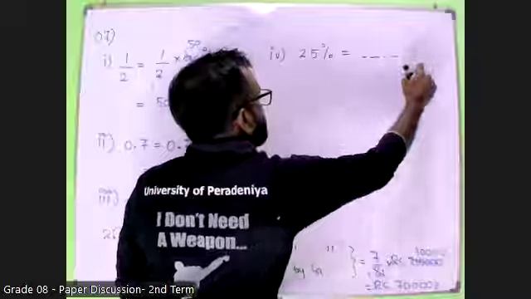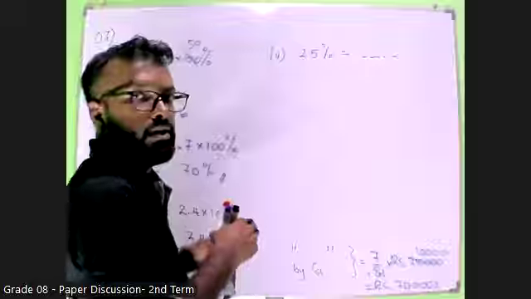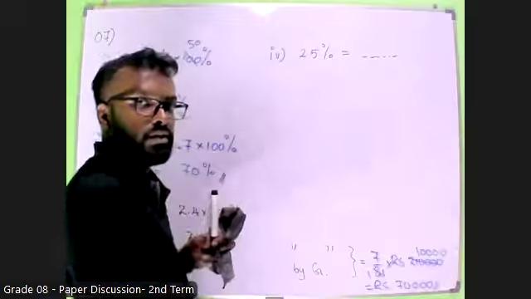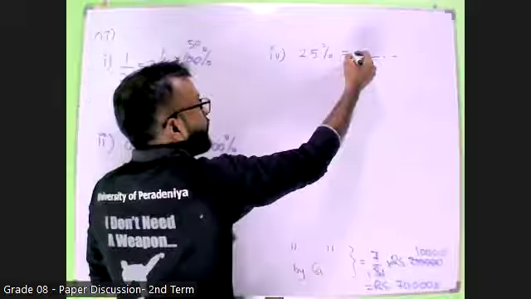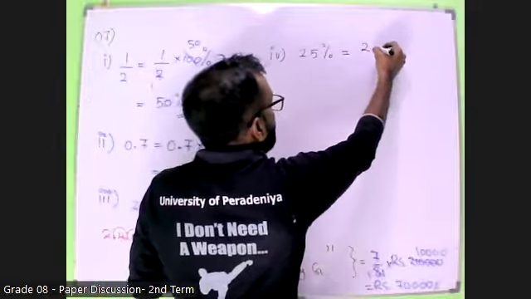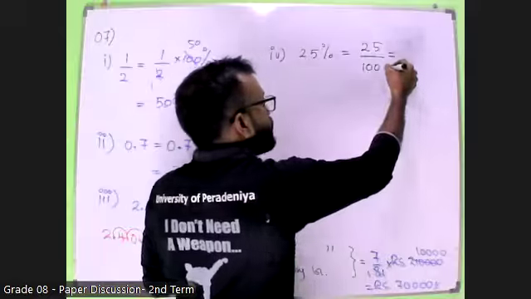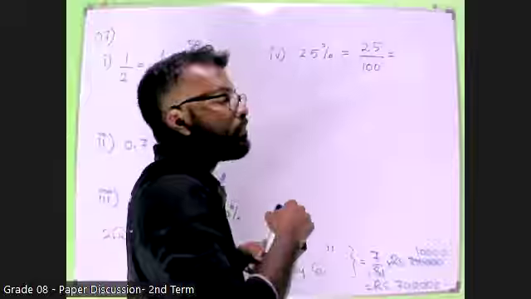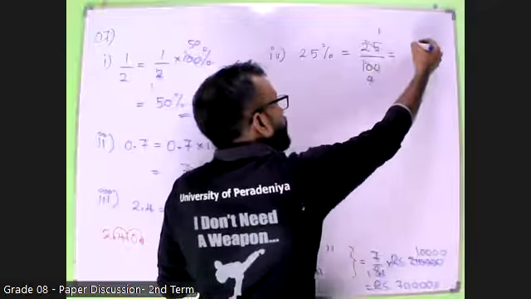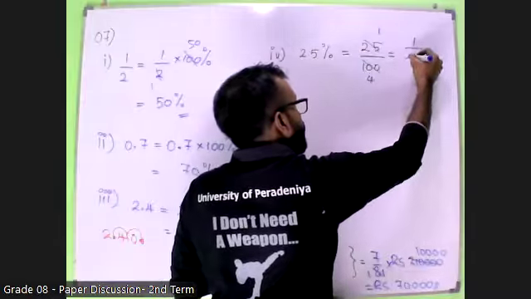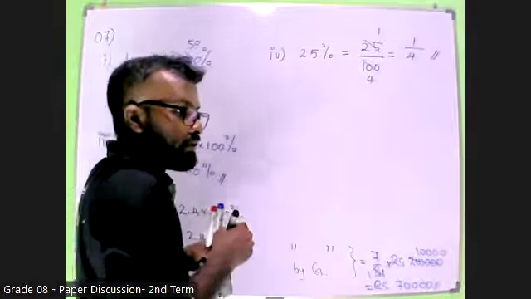You have to remove it, because the percentage mark is already here. So you need to simplify this. What does percentage mean? You need to divide by 100. 25 divided by 100. Simplify further: 25 times 1, 25 times 4. So the final answer will be 1 upon 4.